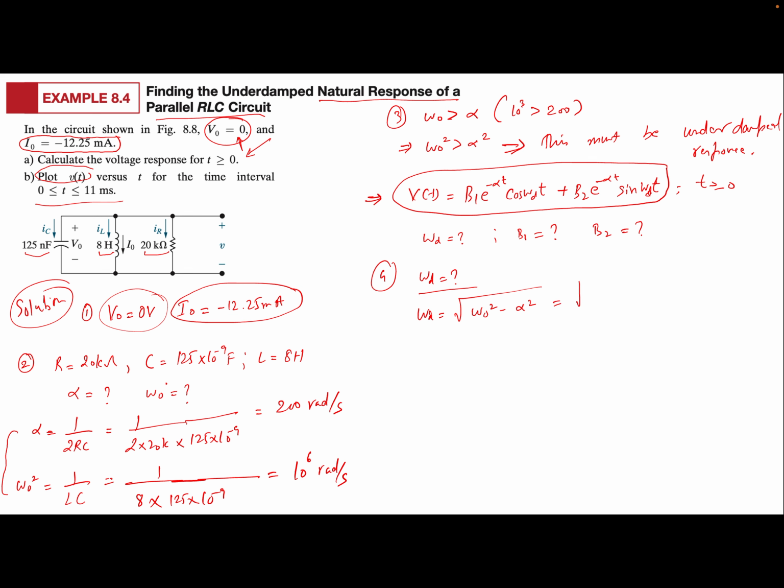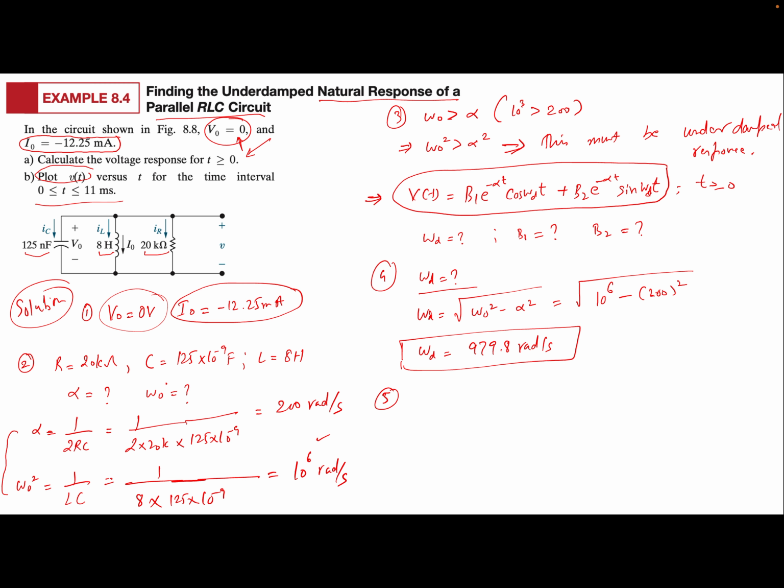So I can do 10 to the 6, omega naught square is 10 to the 6 over here, minus alpha, 200 square. Omega d should come out to be 979.8 radian per second. Okay, so this is nice. We ended up finding this as well.